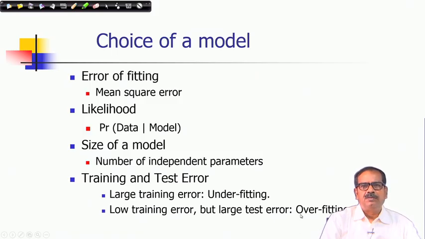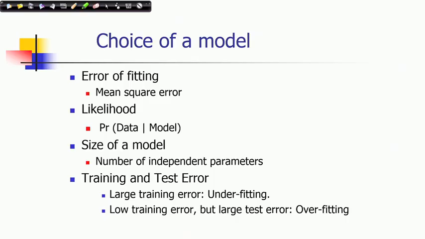If it is a low training error, that means in the training you get a reasonable error term, which is very small, but while testing you find you are getting a large test error, which means your model is very data specific, and we call that overfitting. It tries to minimize the error just considering that data. The moment you want to generalize this model over other data sets which are not used in fitting, then your model is not performing well.